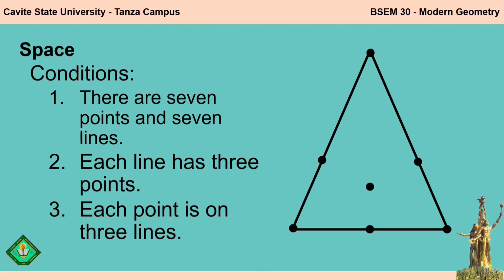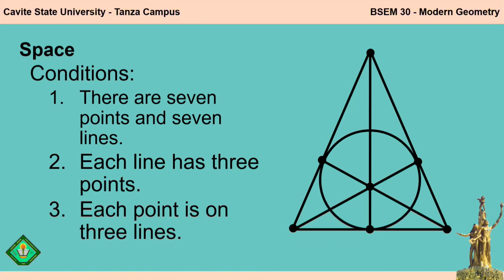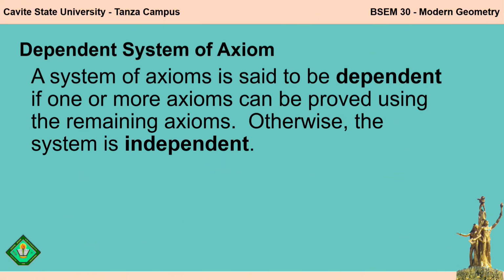So if we try to draw here the 7th point and connect the 3 points with a line, and here is another line, we could have the 6 lines. But where is the 7th line? So here is the 7th line. So we have completed the conditions. So this system is consistent because we have figured out the conditions into our structure.